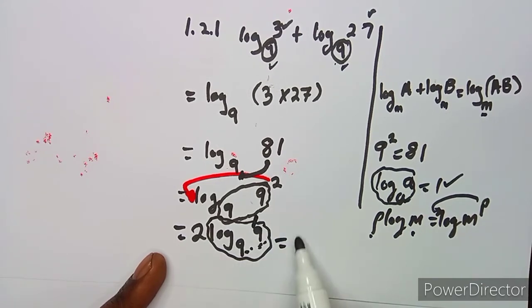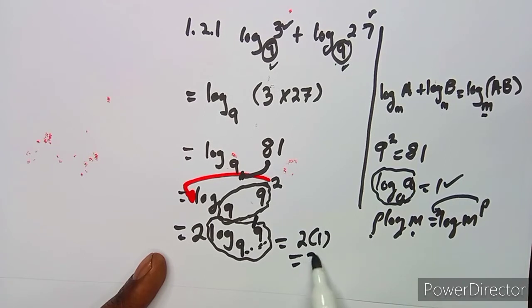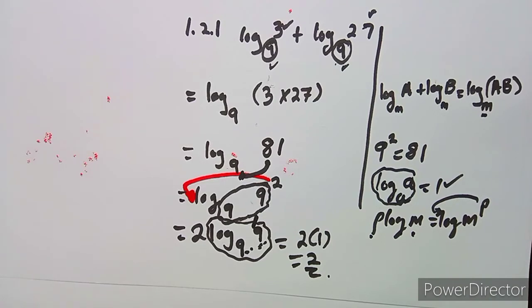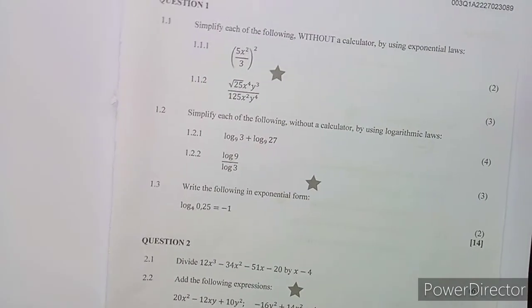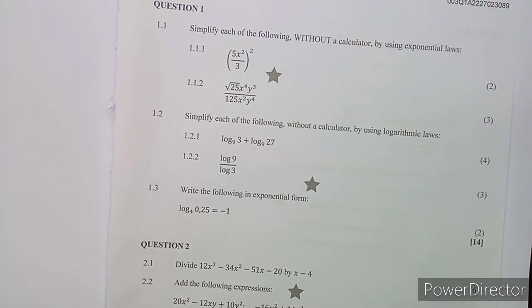So it's the same as 2 times 1, which gives us 2. So that is the concept. When you are working with logarithms, you are not given any law; you have to apply the concept of your laws and simplify further. So that's what we had.